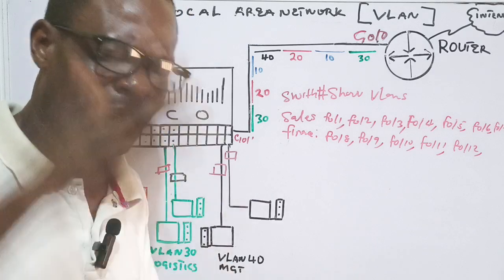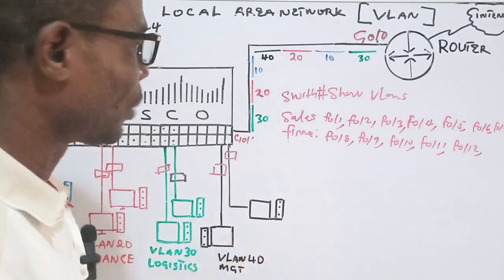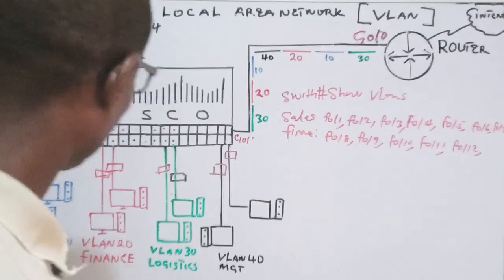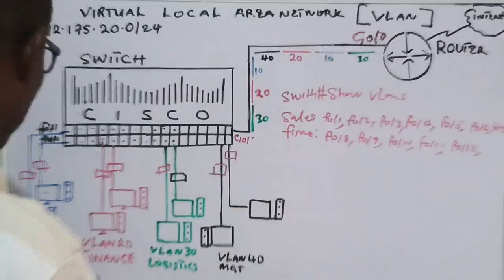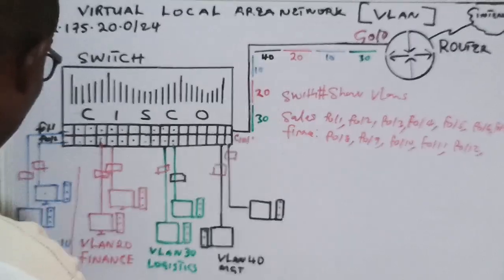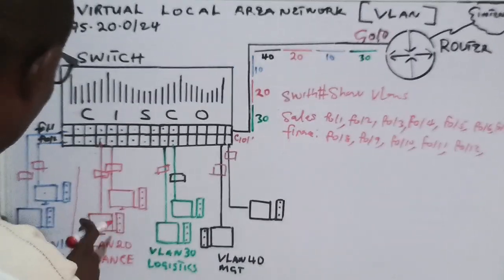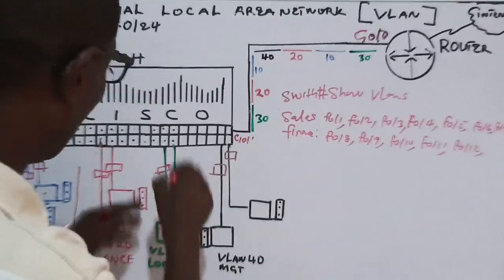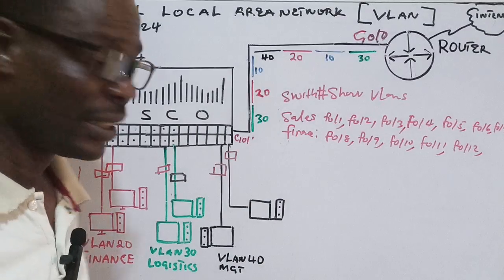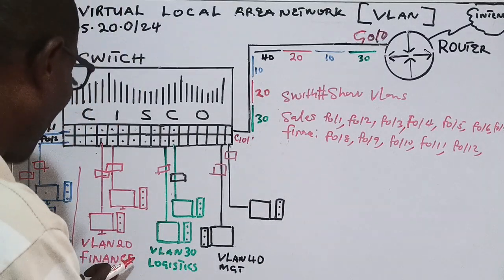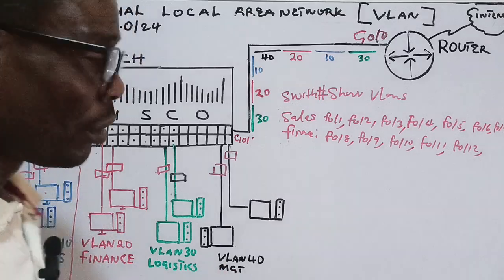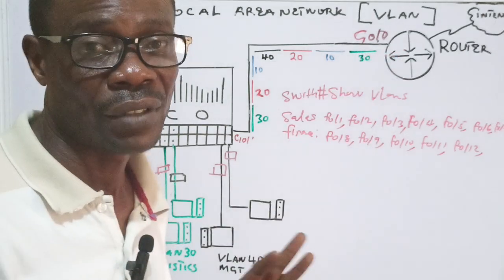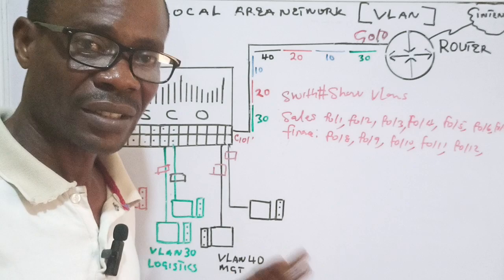But logically you have broken this network departmentally, and this is where you will configure routing, because without the help of a router, the sales VLAN communicates within the sales VLAN, finance communicates within finance, logistics communicates within logistics. Sales can never communicate with finance. No department can communicate with another department, except you configure what is called inter-VLAN routing.